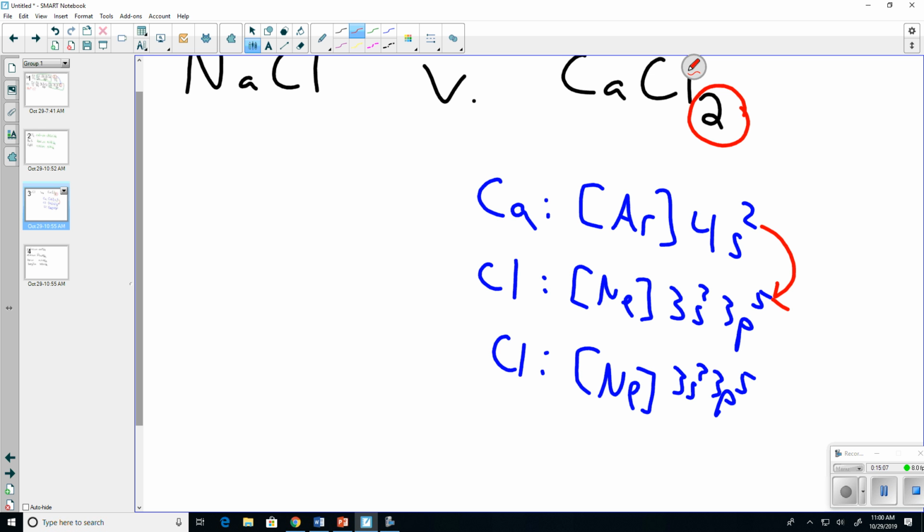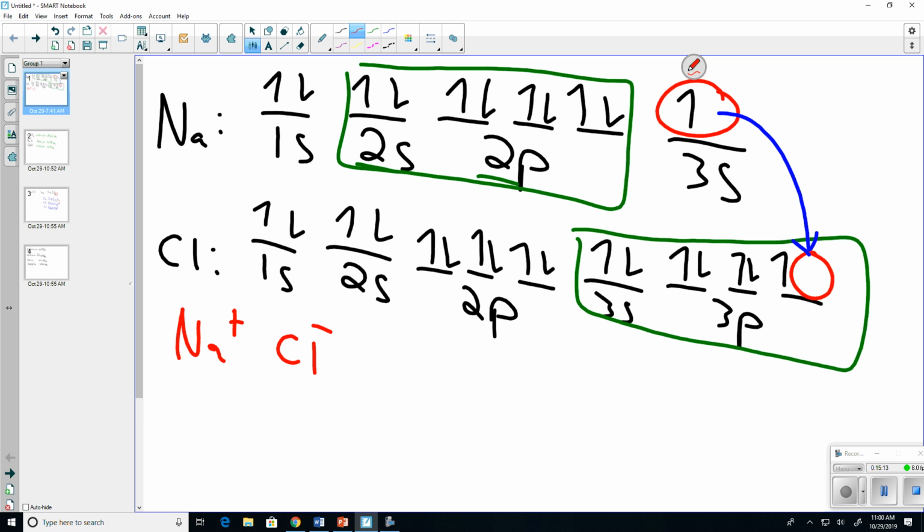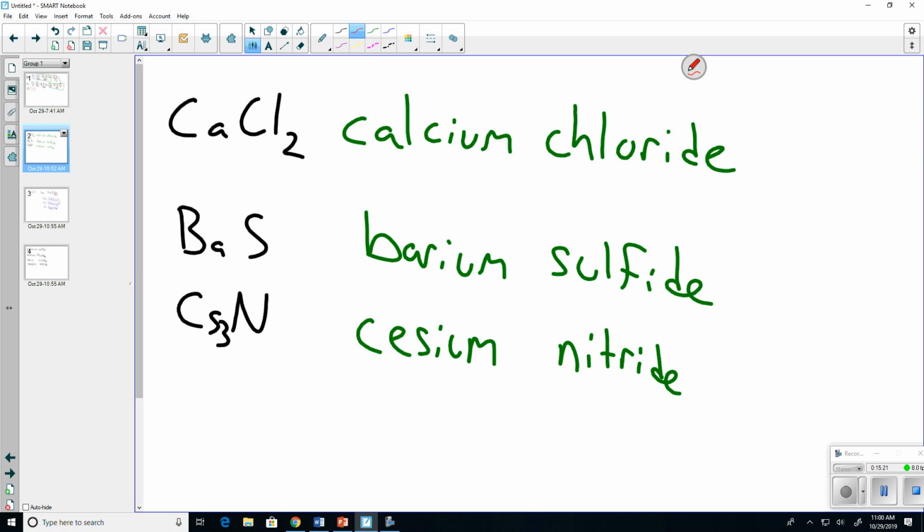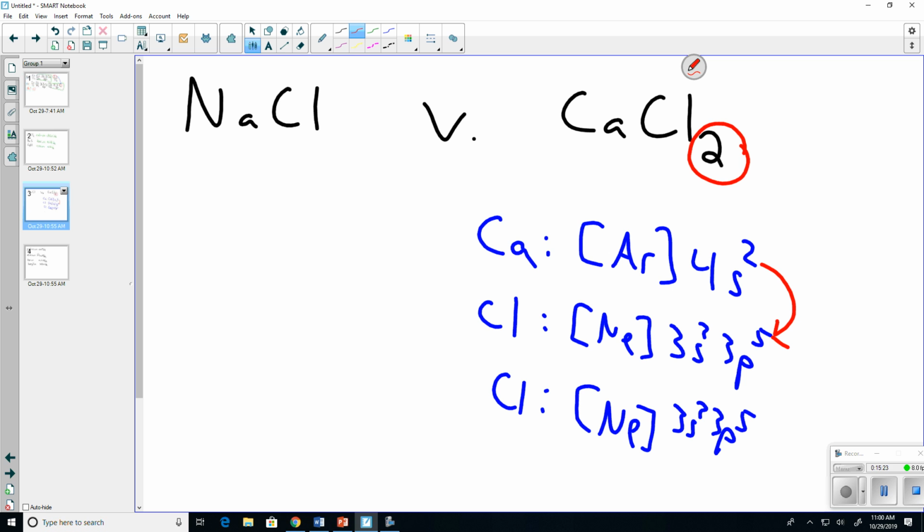So, if calcium lost 1 electron to chlorine, remember sodium lost 1 electron to chlorine? If calcium did the same thing, it would still have 1 electron remaining, and this would become 6.